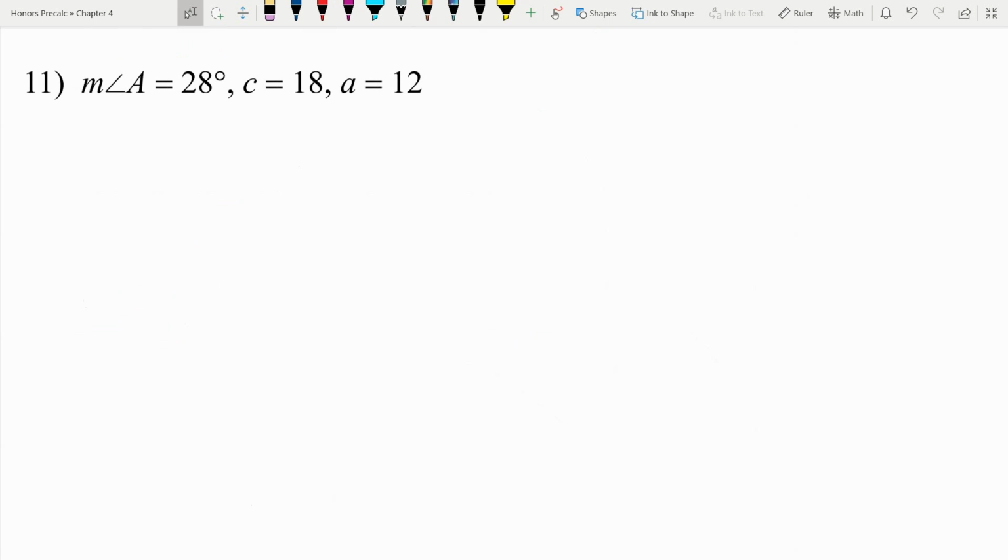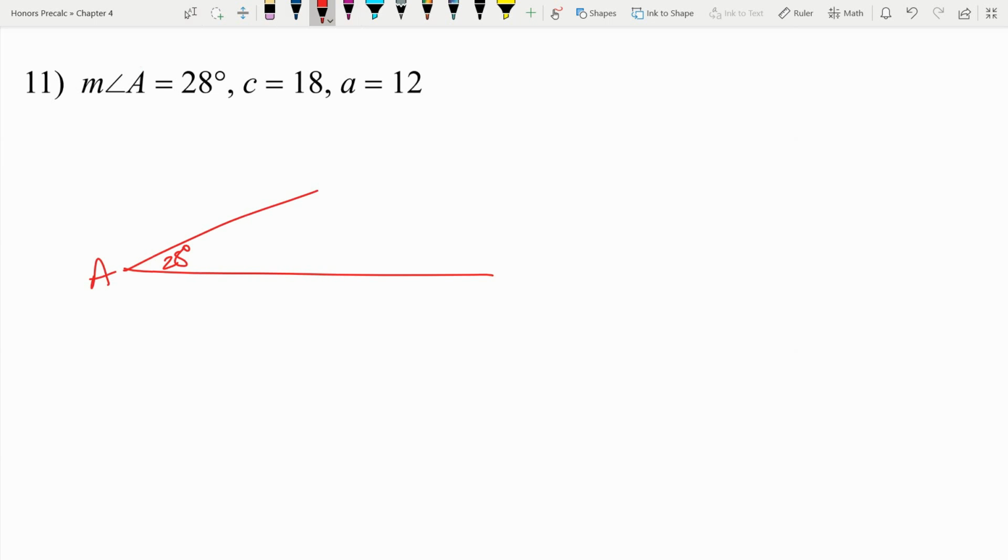This last one here, we have another SSA situation. We have two sides, and then we have an angle not between those two sides. So that's SSA. See, written out that way, written the other direction, but hey, it's true. So if we draw this, okay, we have some angle, a 28-degree angle here.